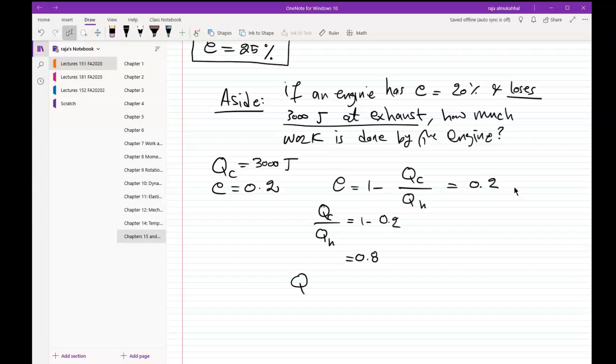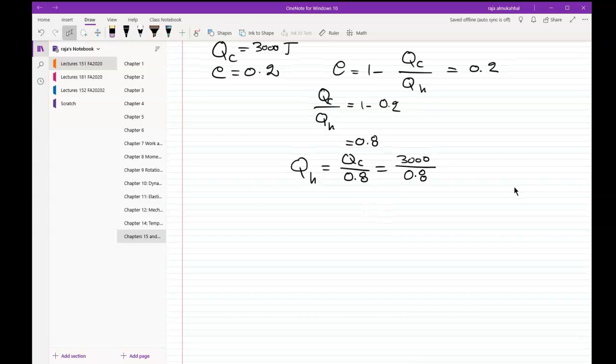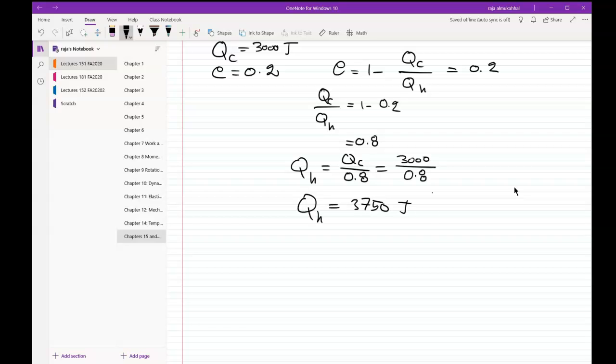So QH is equal to Q sub C over 0.8, and I can just plug it in. So I have 3,000 divided by 0.8, and if I use the calculator, QH is equal to 3,750 joules. So this is how much heat is absorbed by the engine.